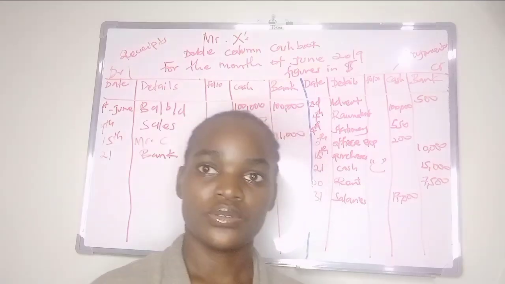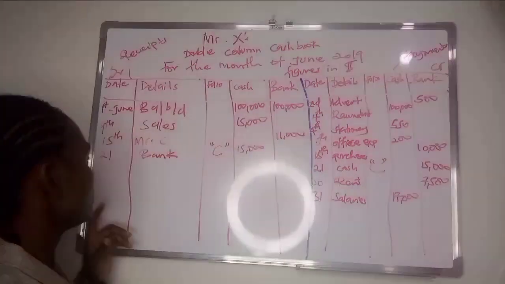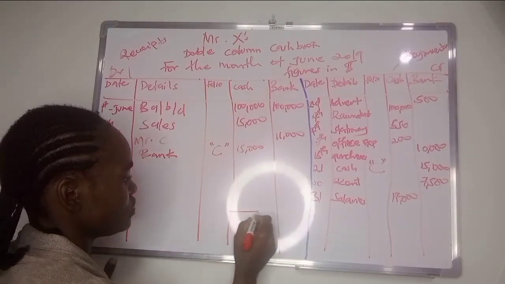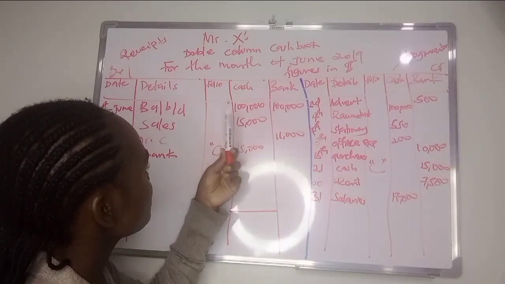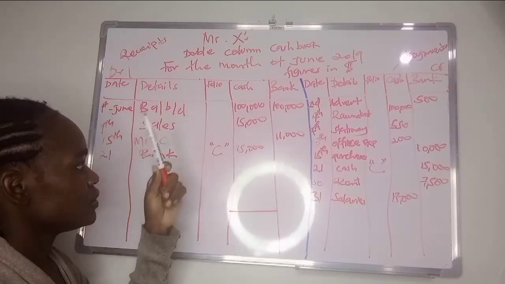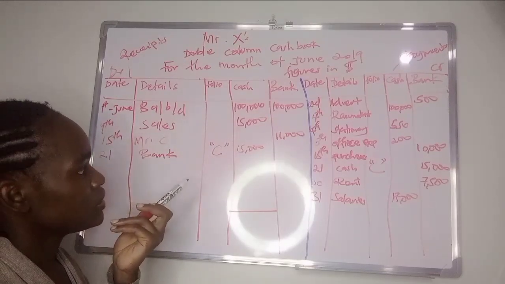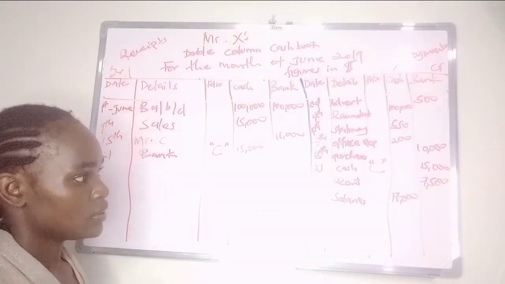The next thing we are going to do is to balance it off. So we are going to start with the cash column. We get this 100,000 plus 15,000, that is 150. Then plus 15, so it's 130,000.